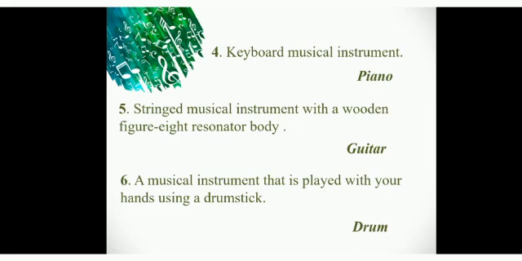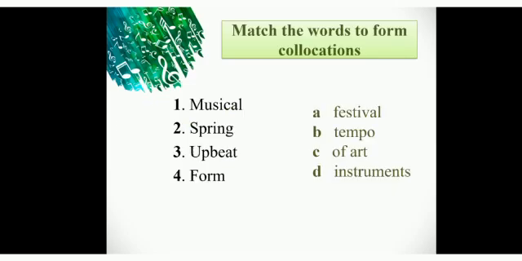So, we have completed the tasks about musical instruments. And now, you should match the words to form collocations. I'll give you 1 minute to think and match, and then we will check. Let's start. And let's check.